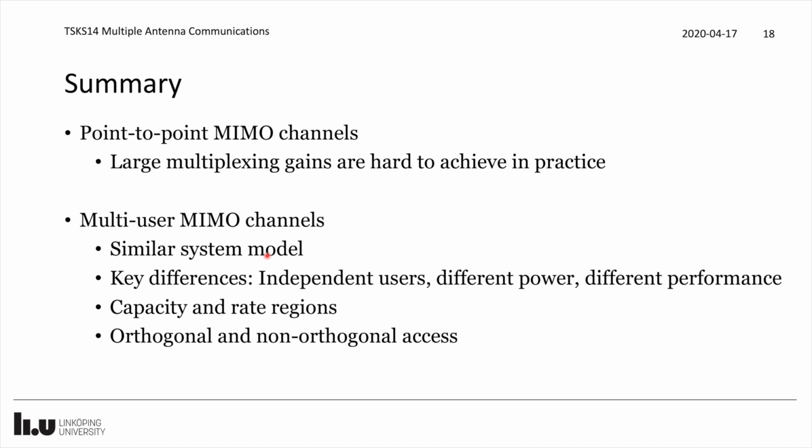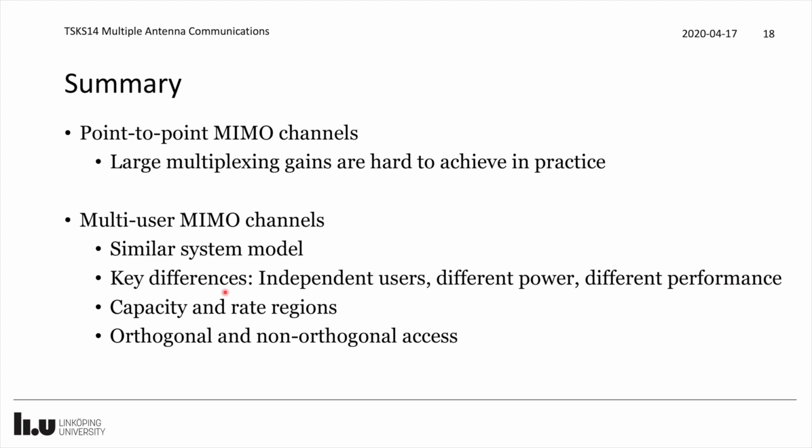We have independent users that are sending independent signals in the uplink, and in the downlink they're also interested in different signals. They are using different power sources, so they need different power constraints, and they have different performance metrics. So we have one performance metric per user instead of one in total for the entire system.